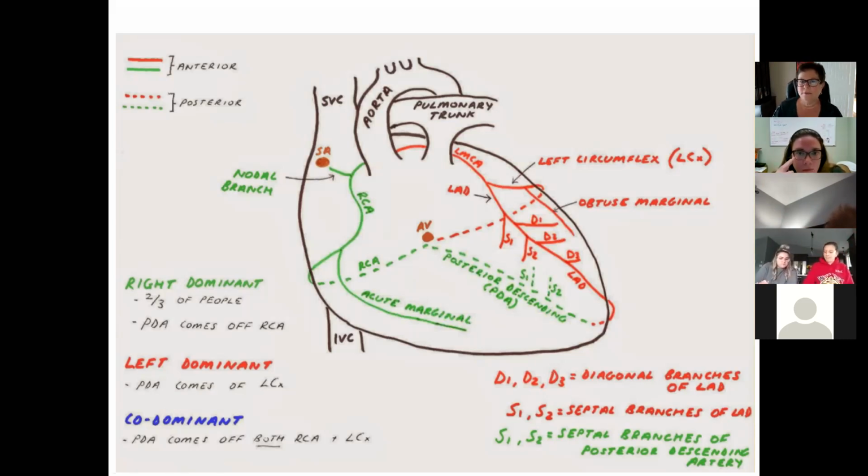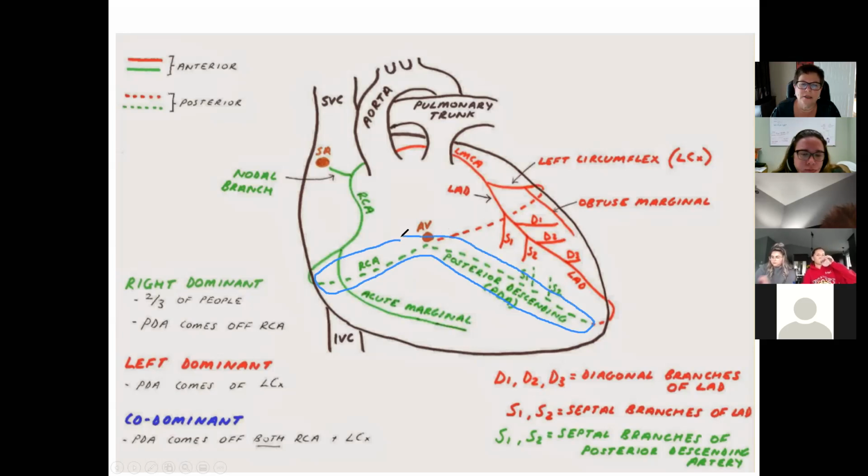That means that this part of the right coronary artery supplies the posterior part of our heart, or better defined, the posterior descending artery in a right dominant patient comes off of the right coronary artery.